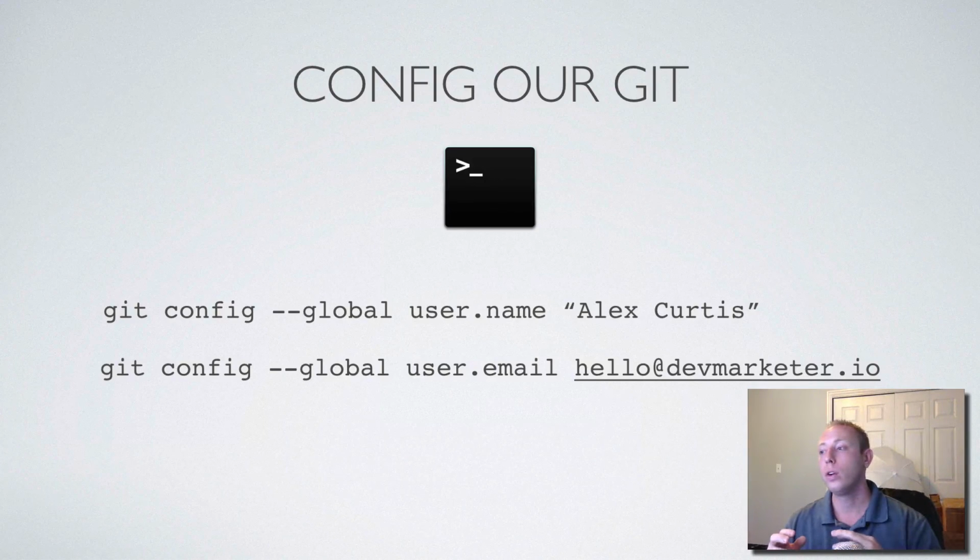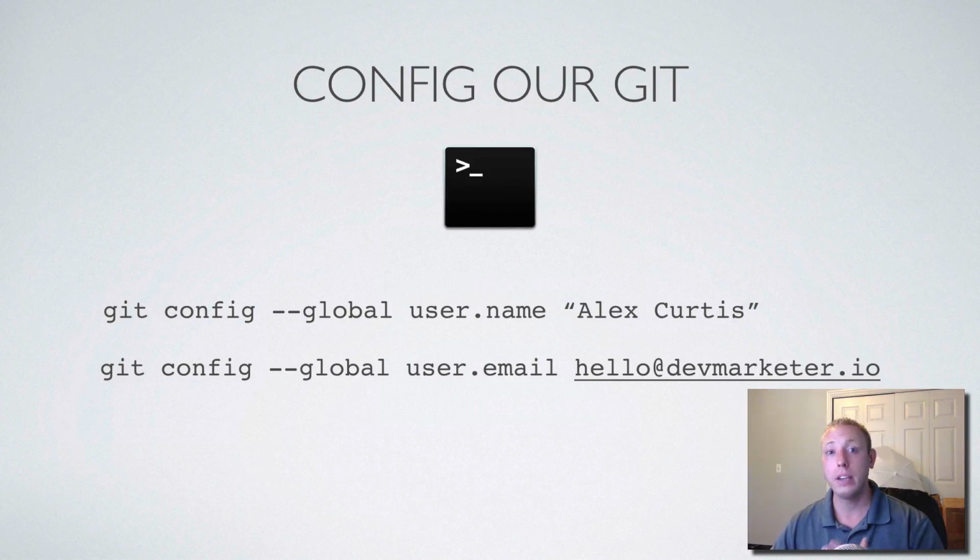And then you're going to do the configuration that you want. In this case, it's going to be user.name. This is going to be the name that's attached to all your signatures. In quotations, you're going to put your name. So in my case, it's Alex Curtis in quotes. And then go ahead and click enter, and that's going to save that configuration. You won't really see much confirmation, but it worked. Okay, so now it's in your global config file.